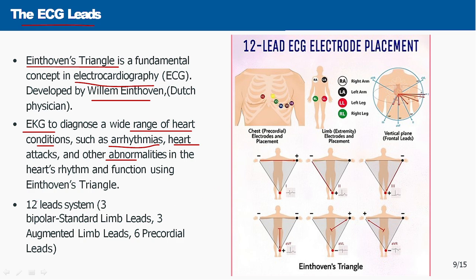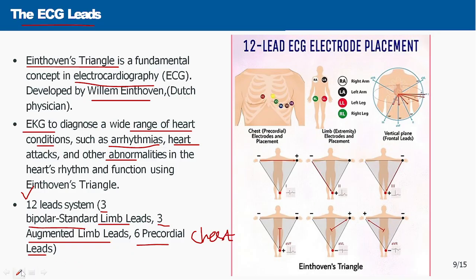It consists of a 12 lead system. Out of these 12 leads, 3 are bipolar standard limb leads, 3 are augmented limb leads and 6 are precordial or chest leads. They are placed on the chest.